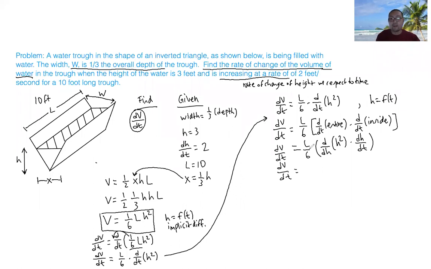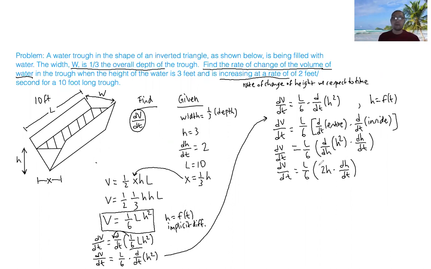Is equal to L at this point over 6 times this derivative with respect to h using the power rule. 2 times 1, 2. Keep your base there. Subtract 1 from your exponent. 2 minus 1 is 1. h to the 1 is the same thing as h. So leave that. Multiplied by dh over dt, change in height with respect to time.